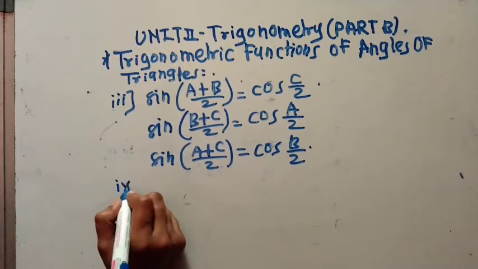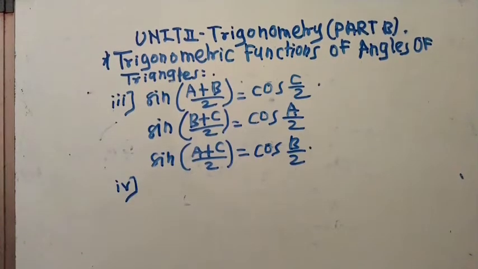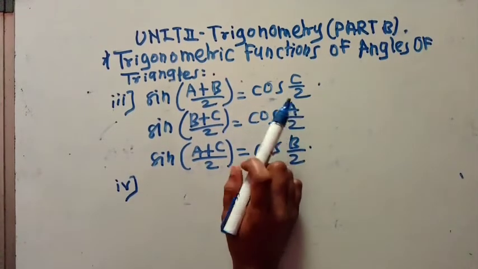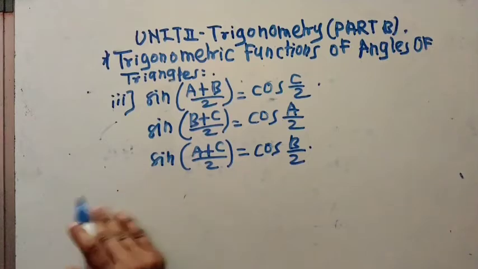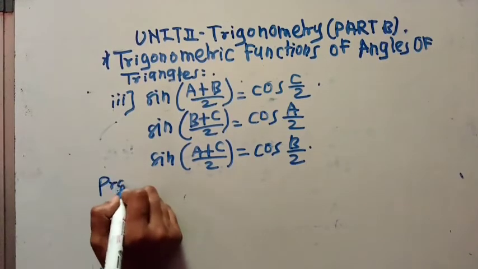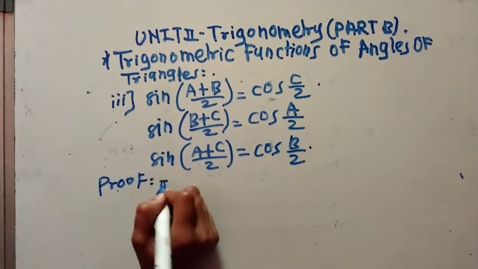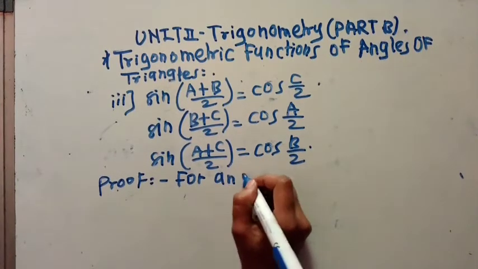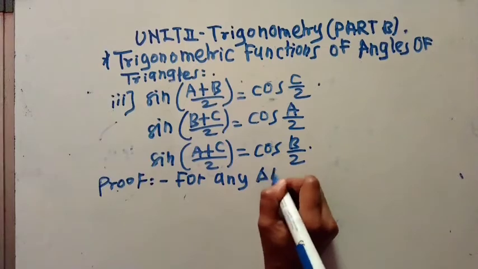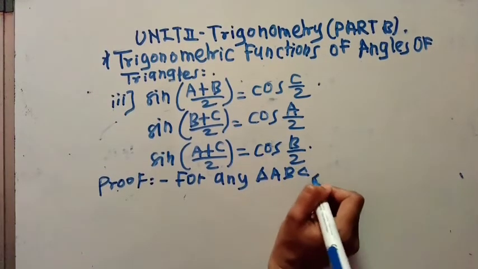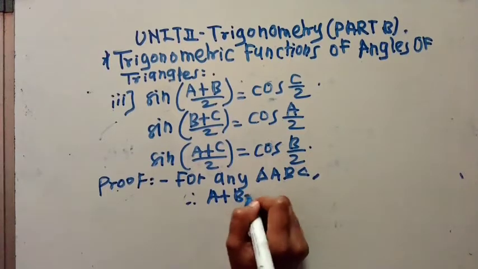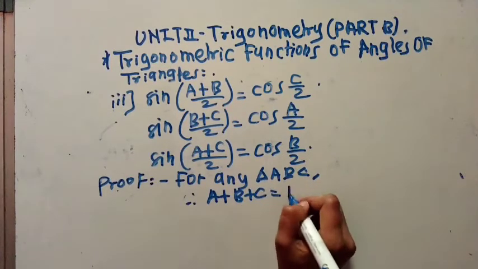Then the fourth formula is cos((A+B)/2) and the remaining is C. Now for this proof, for any triangle ABC, we know that A plus B plus C is equal to pi.